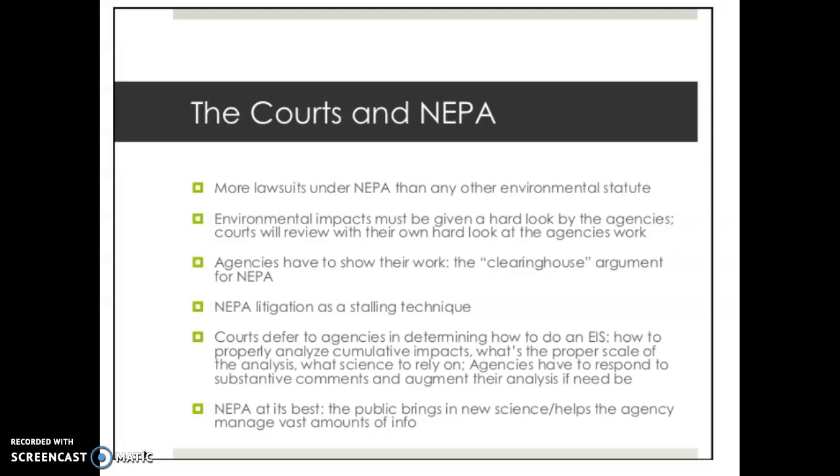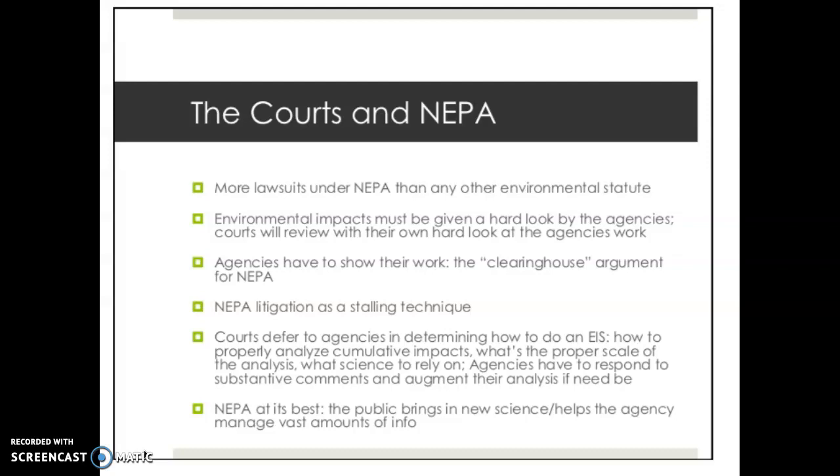But interestingly, NEPA litigation can also be used as a stalling technique. If a certain interest group doesn't want a project to take place, they can provide a ridiculous amount of comments or try to interfere. On some contentious projects that I worked on, environmental groups would fill out letters, and they would get thousands and thousands of people to send letters to the Forest Service, and all of this has to be reviewed, so it takes time.